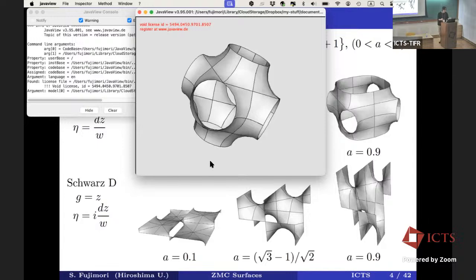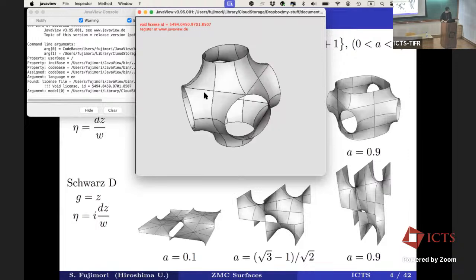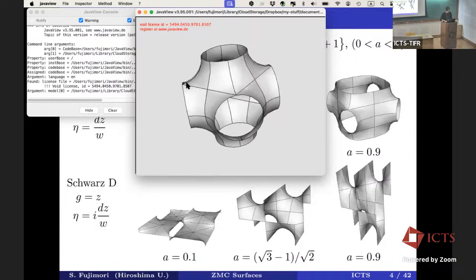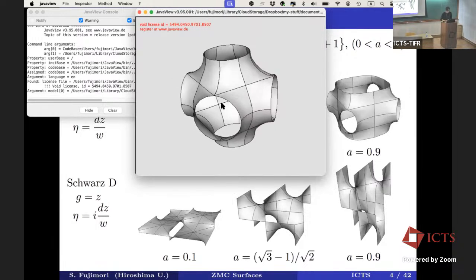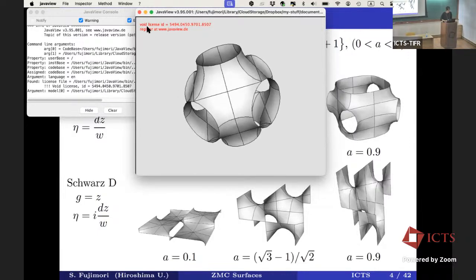Then we have a compact genus 3 Riemann surface. This is the most symmetric case, and we have a line segment here and a symmetry plane here, and so on.